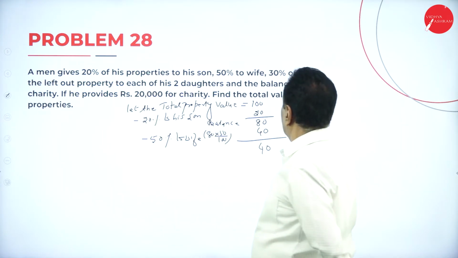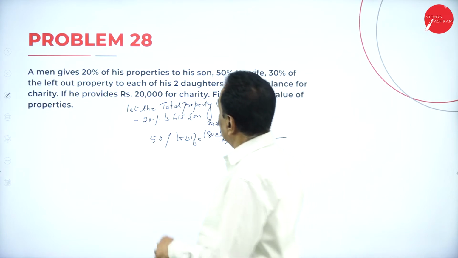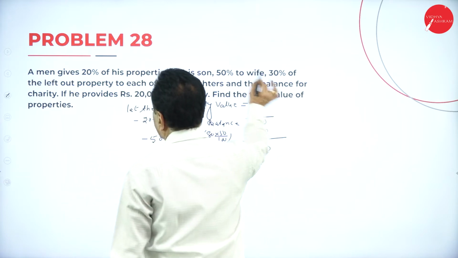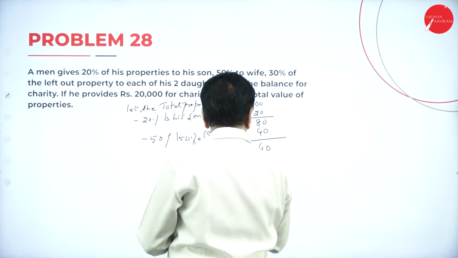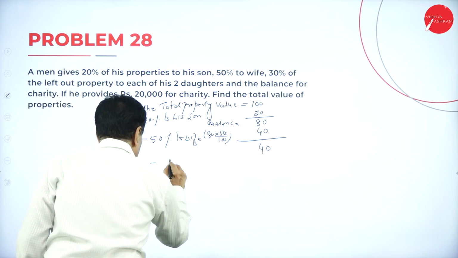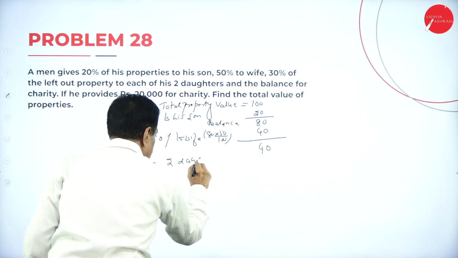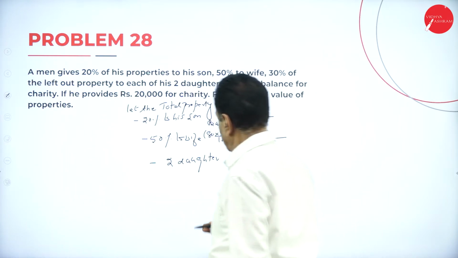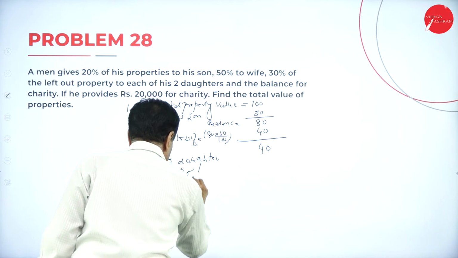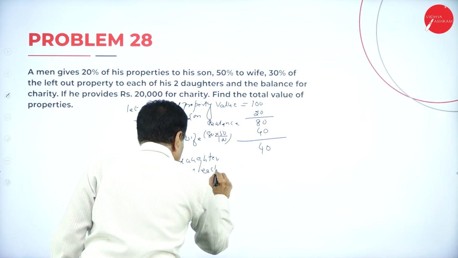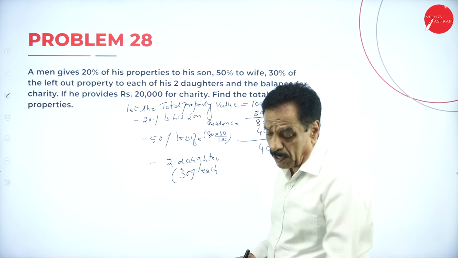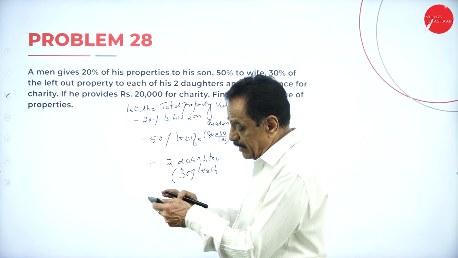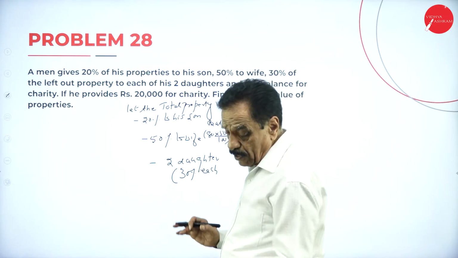Then the leftover property should be given 30% to each of the two daughters. 30% of 40 is 12: 40 into 30 divided by 100 is 12.